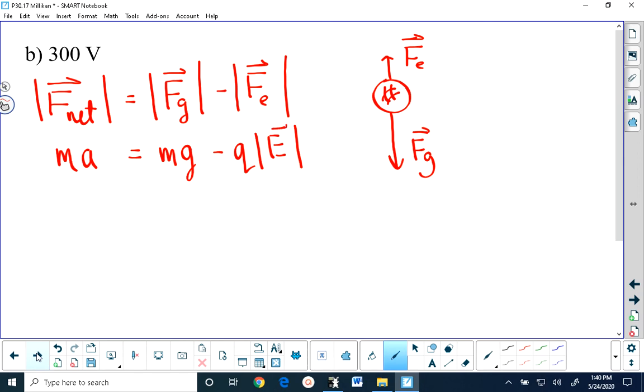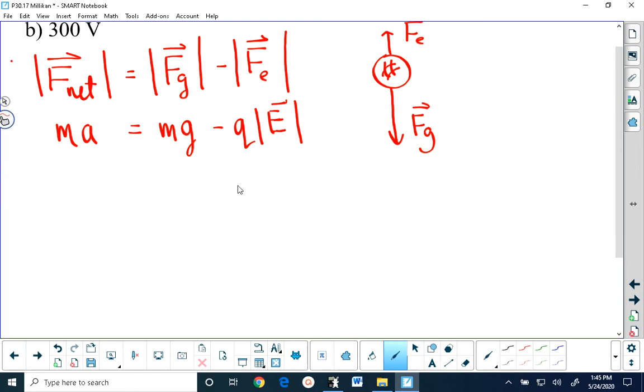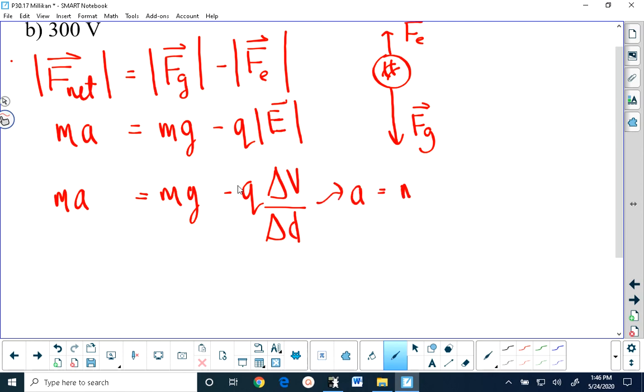The only reason I always write them around E is I don't want you to confuse this E with energy. It's not, it's electric field. Going a little bit further, we can write Ma equals mg minus Q delta V over delta D, which means our acceleration will be equal to mg minus Q delta V over delta D divided by the mass.